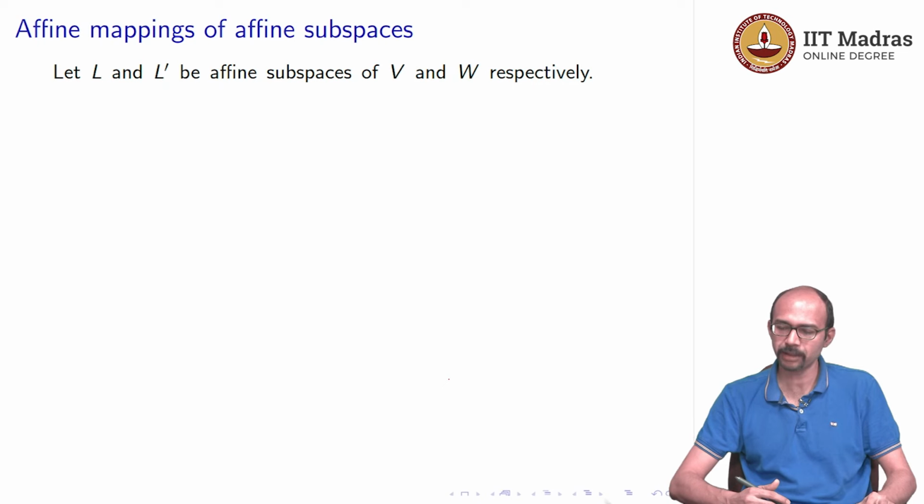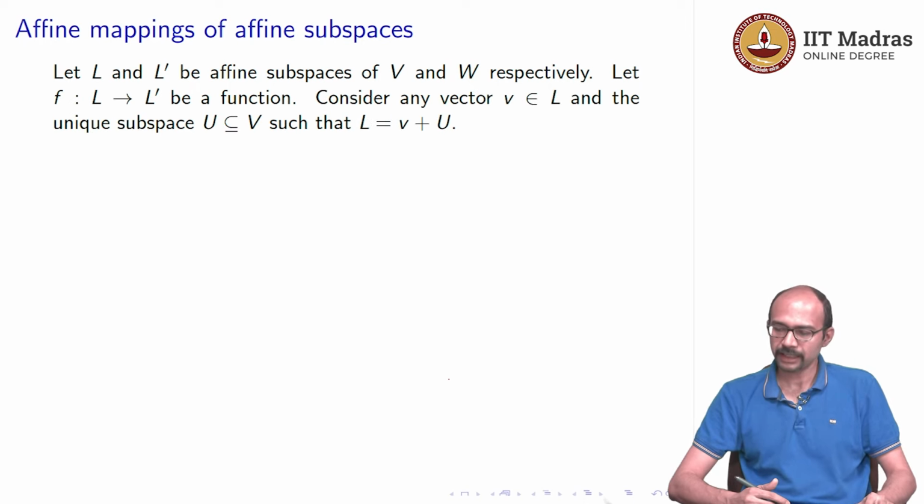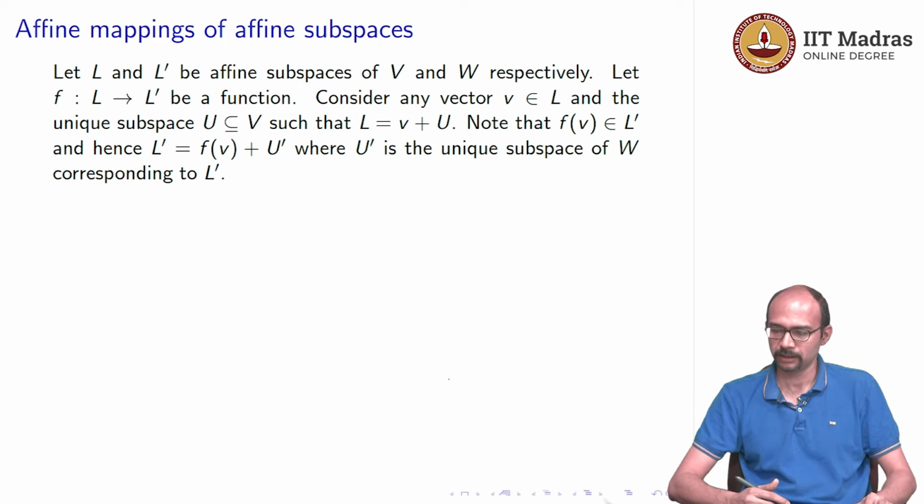Let L and L prime be affine subspaces of V and W respectively. Let f from L to L prime be a function. Consider any vector v in L and the unique subspace U contained in V such that L is v plus U. Note that f of v lies in L prime, and hence L prime is f of v plus U prime, where U prime is the unique subspace of W corresponding to L prime.